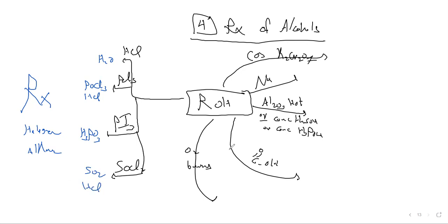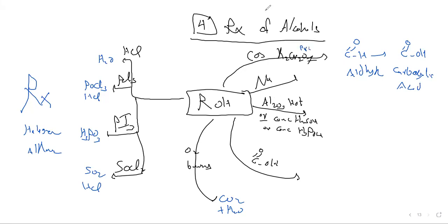While in case of burning or combustion, it will produce carbon dioxide and water. And also for oxidation, it will produce the aldehyde, then carboxylic acid, in case of primary.